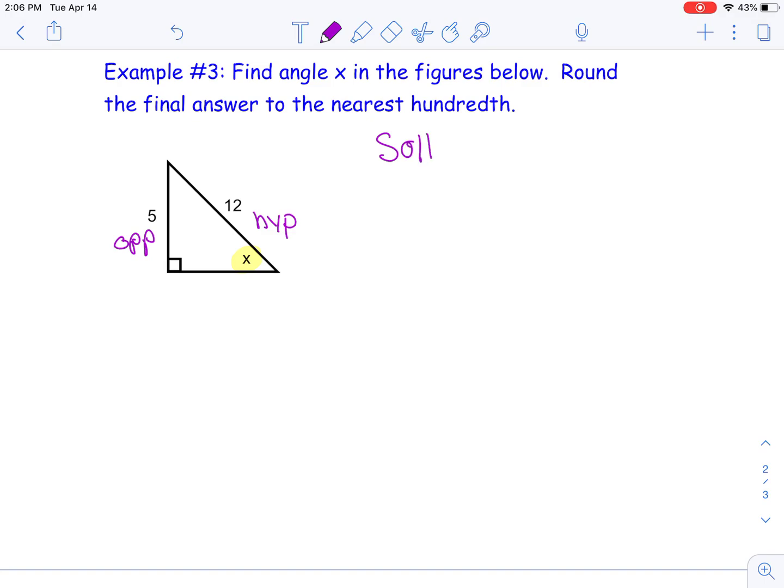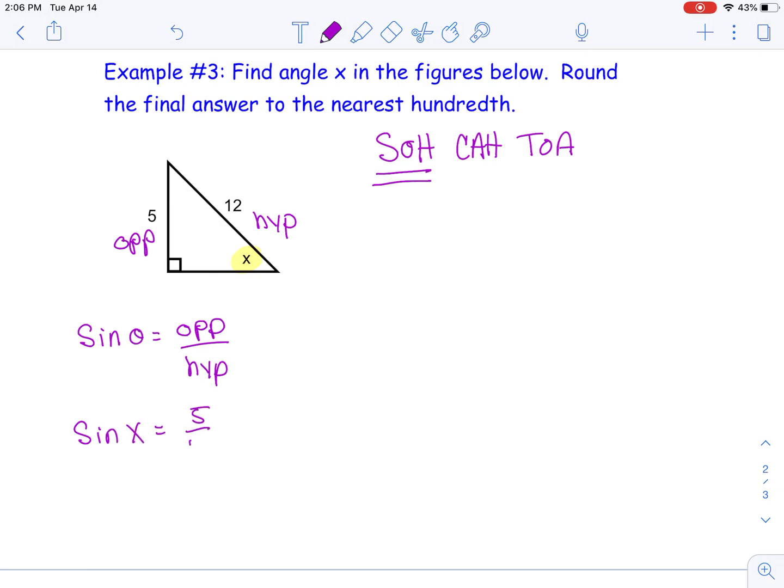So I look at SOHCAHTOA, and I want to decide which of the trig ratios I am using. Sine of an angle is equal to opposite over hypotenuse. So sine of x is equal to 5 over 12.